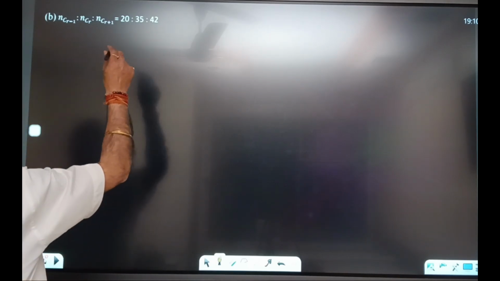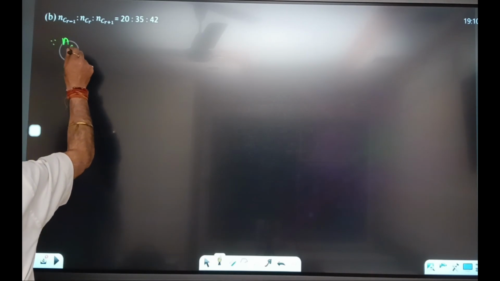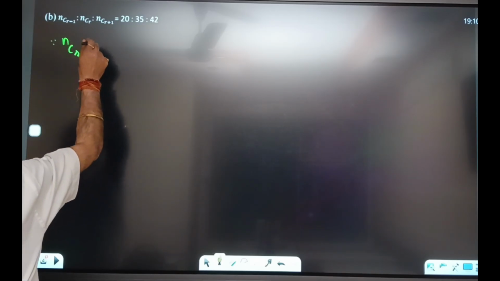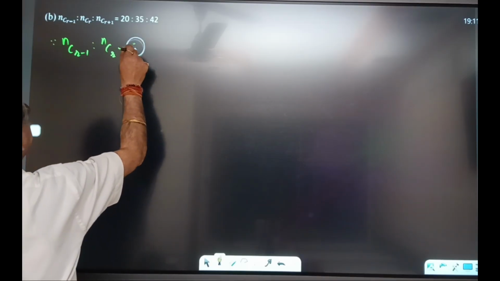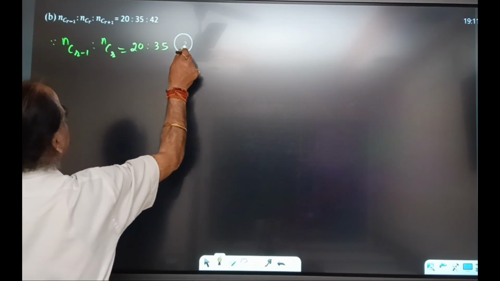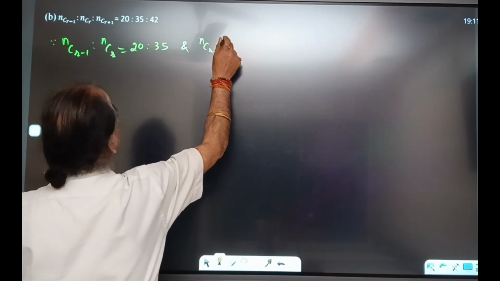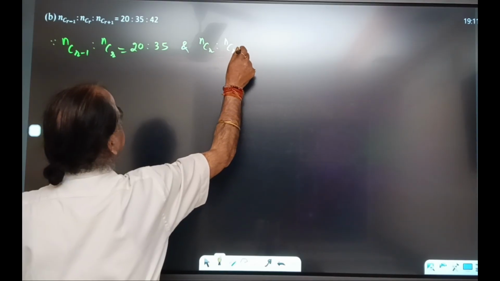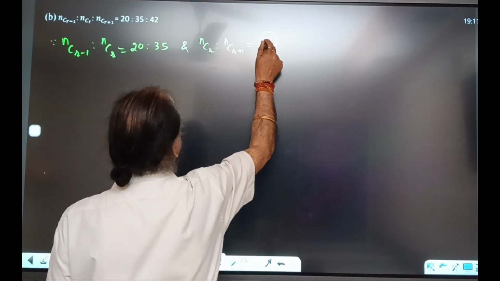nC(r-1) is to nCr is to nC(r+1) is equal to 20 is to 35 is to 42. So nC(r-1) is to nCr will be 20 is to 35, and nCr is to nC(r+1) will be 35 to 42.